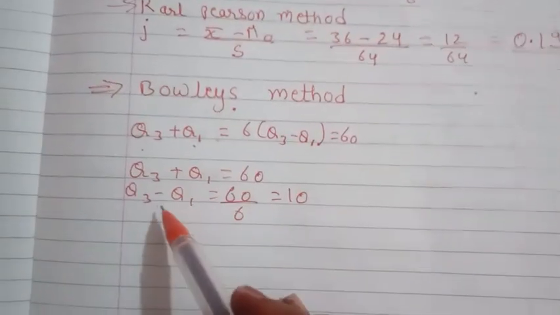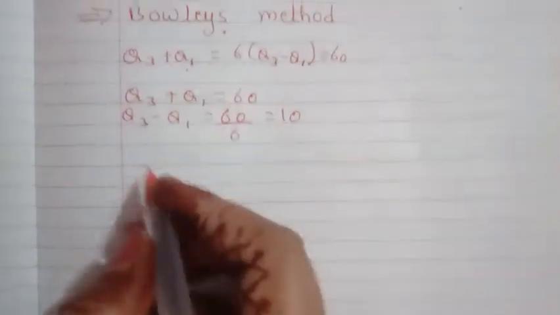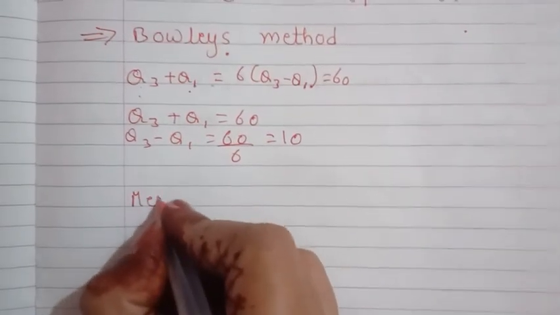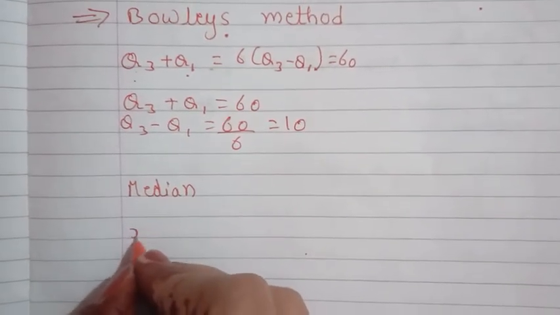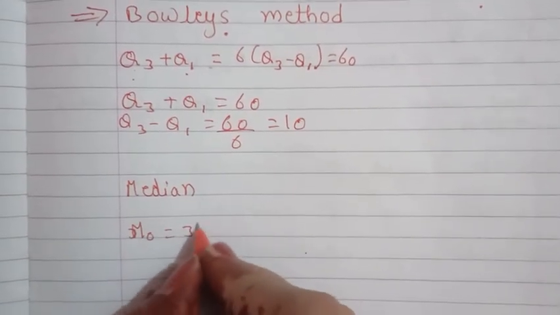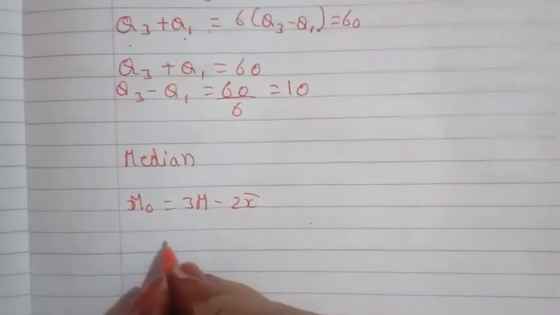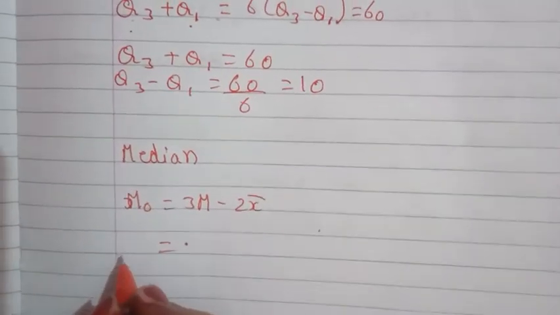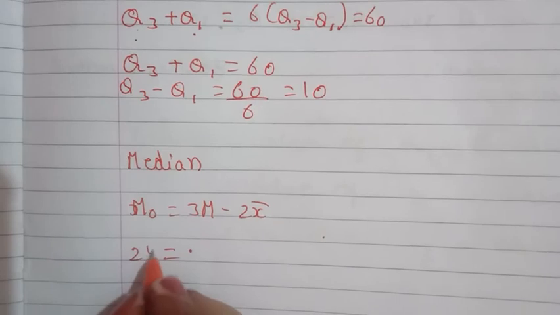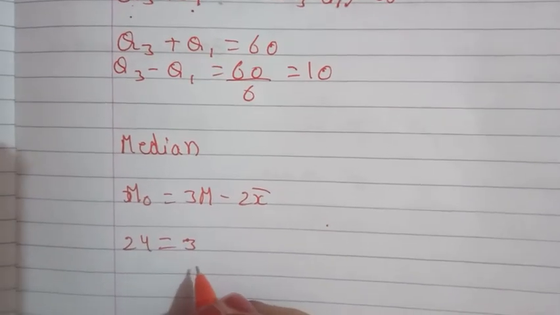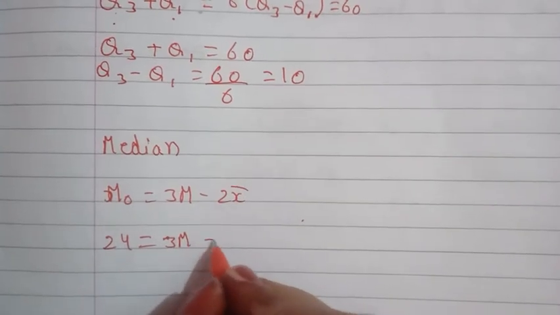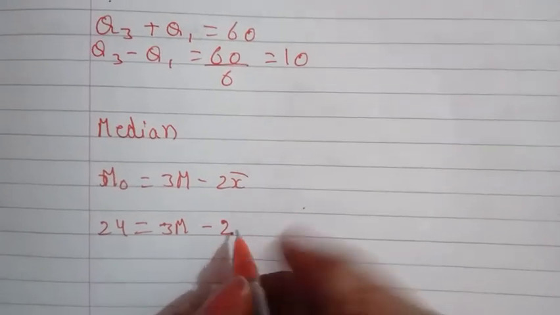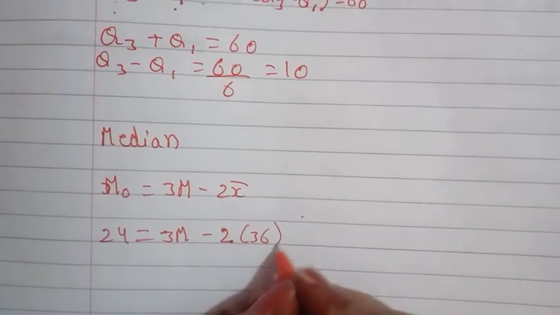Now for Bowley's method, Q3, Q1 we have, but we don't have the value of median. So we'll find the median by the empirical formula, that is mode is equal to 3m minus 2x bar. Now the mode value is 24, 3 times the median, which we don't know, so that we have to find, minus 2x bar. So x bar is given 36.